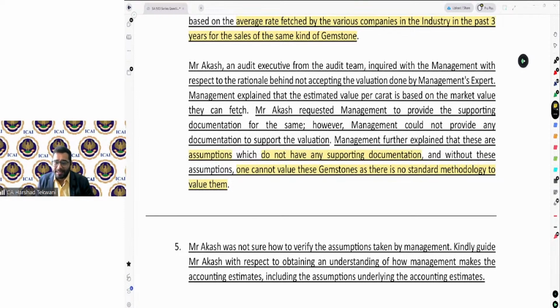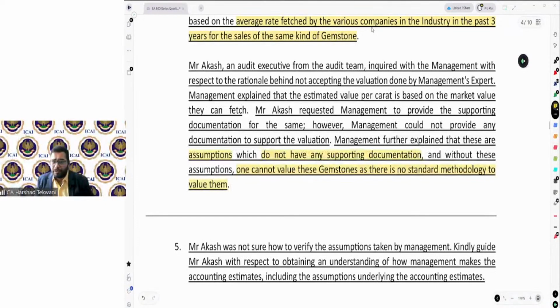How will you test the assumptions made by the management, the estimates made by the management, and the data which is used in the estimates? One example, let's say, is the nature of assumptions.